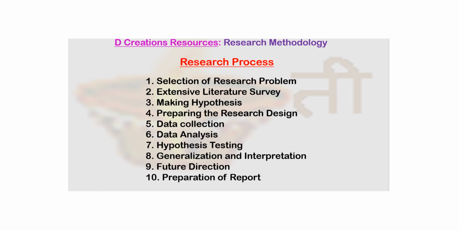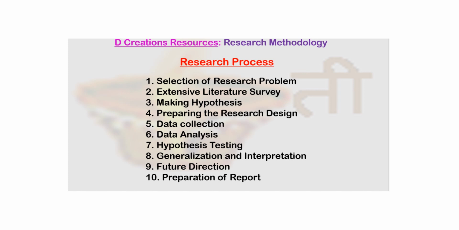Then of course comes the step of extensive literature survey. Now literature survey is actually very beneficial for you because you don't need to repeat things which have already been done. So whatever is the field, you can check especially the review articles or reference books for that field, and find out what has already been done for the topic that you have chosen.